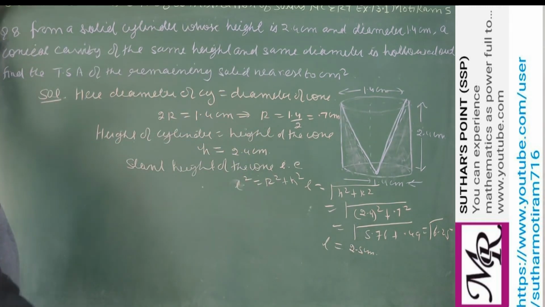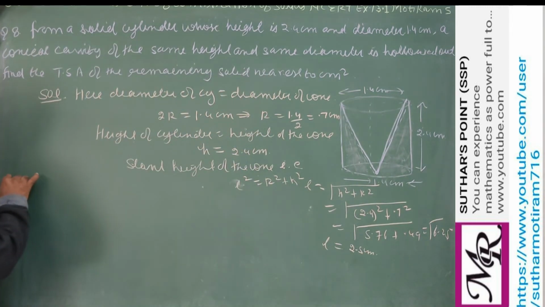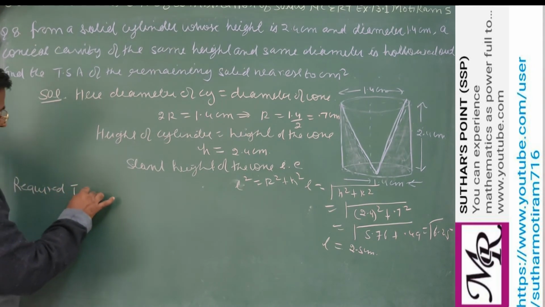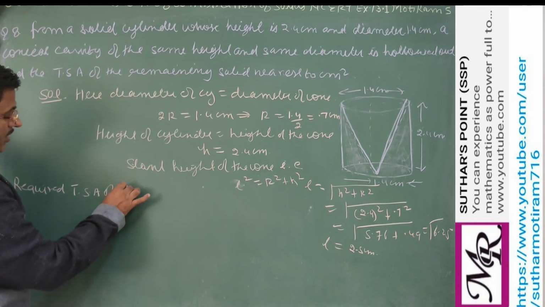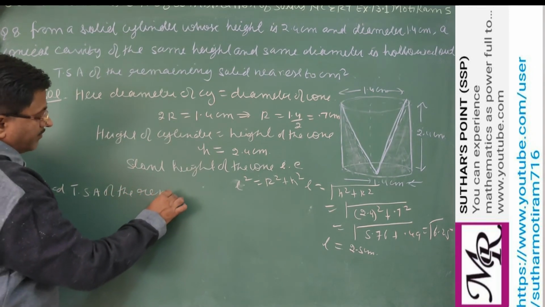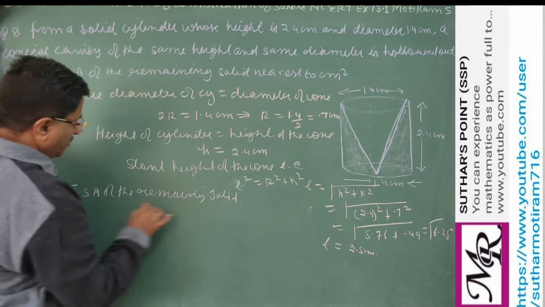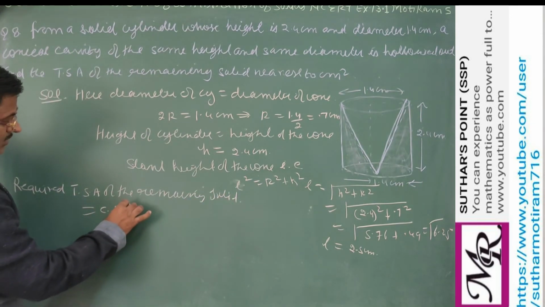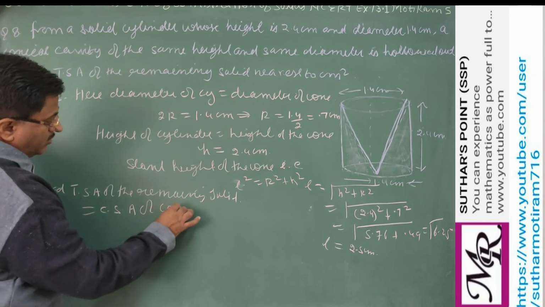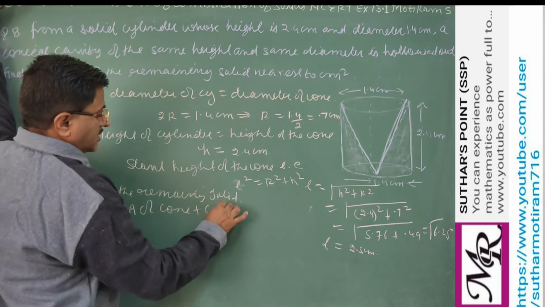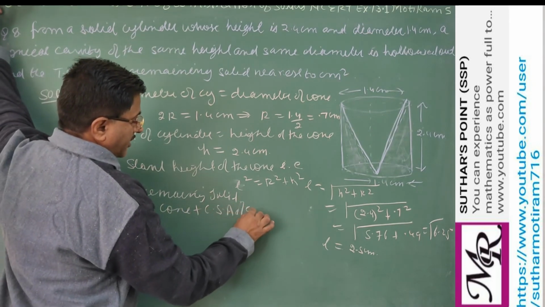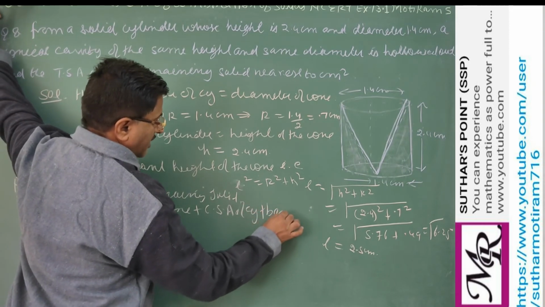So now what we need is the required total surface area of the remaining solid. So we use the formula: curved surface area of cone plus curved surface area of cylinder plus base area.